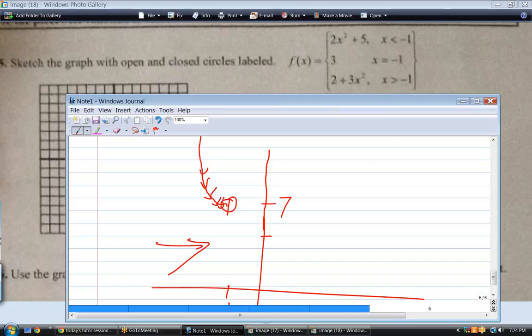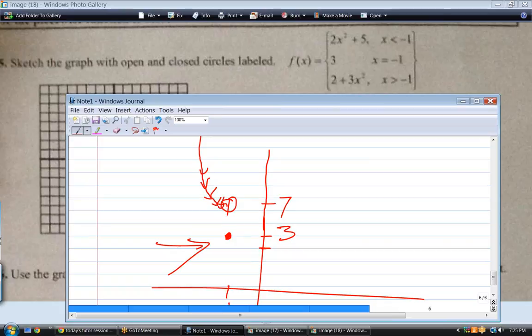What is f at negative 1? 5? 4? The middle part, at negative 1, is 3. So at negative 1 itself, closed dot, that's its value.